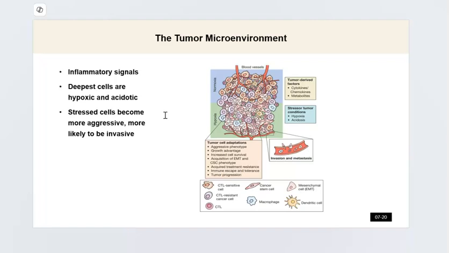This screen here is a little busy, but essentially what it's trying to tell you is that the environment in which the tumor lives has a lot of different things going on that are going to impact how it grows, how it divides, and whether it can metastasize. So when we can understand the tumor microenvironment, we can continue to work on finding drugs that can help stop these structures, okay?